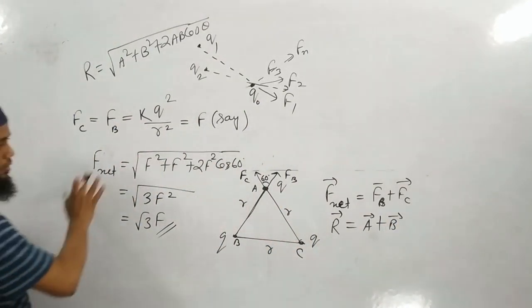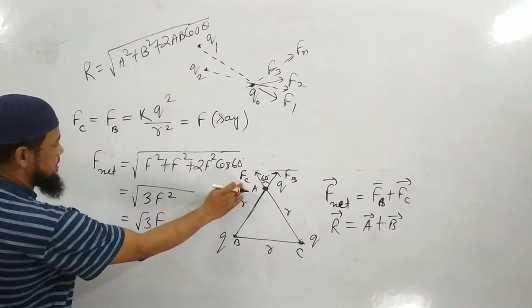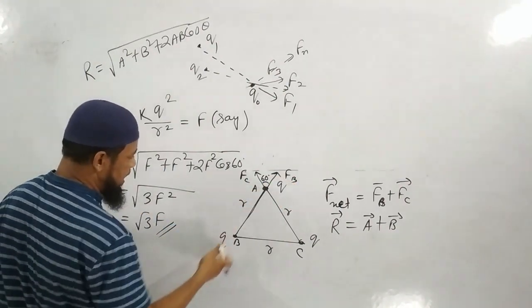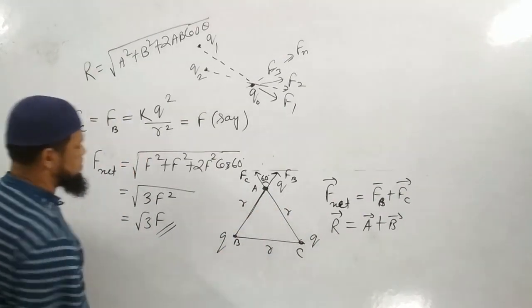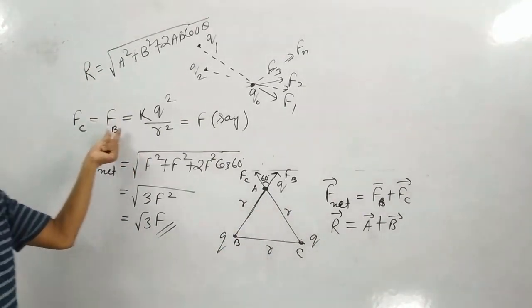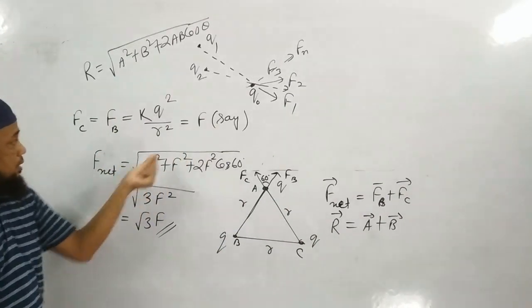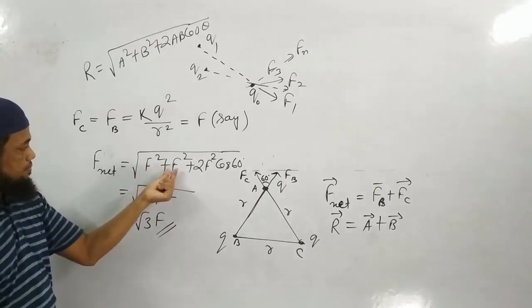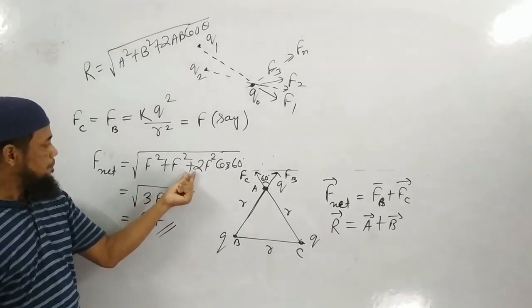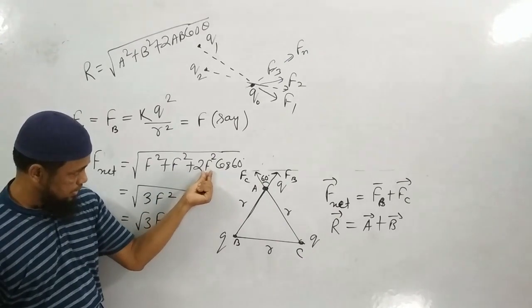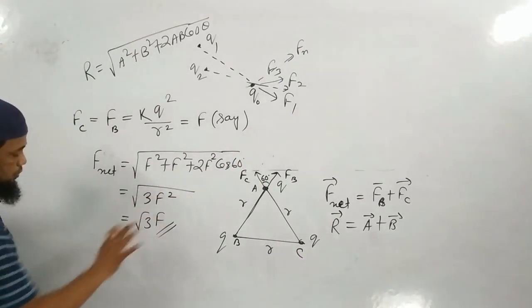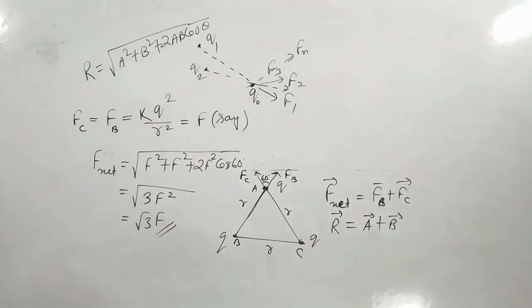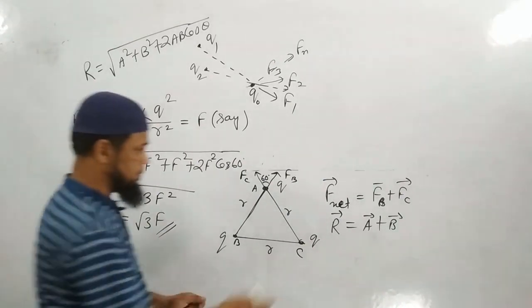The magnitudes of FC and FB are going to be the same because the charges and separations are the same. We have called these two forces equal to F, then FC square plus FB square plus twice FC FB into cosine of the angle between them. This is root 3 F. This is how we can understand the superposition principle.